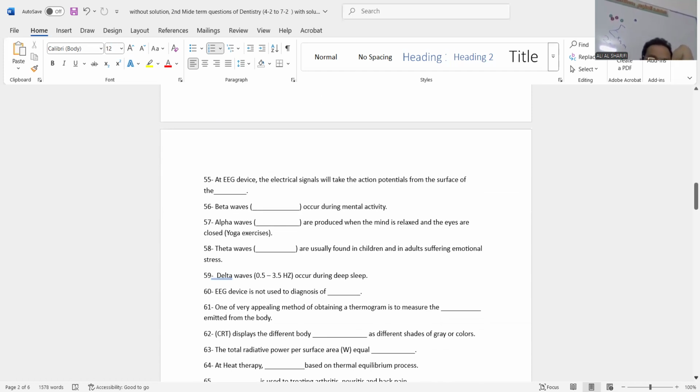Beta waves from which number to which number occur during mental activity. Alpha waves, I want the numbers here, started from where and finished with which number, are produced when the mind is relaxed. And theta waves occur during deep sleep.